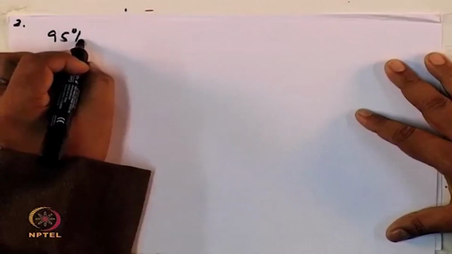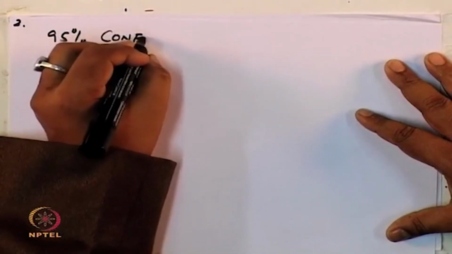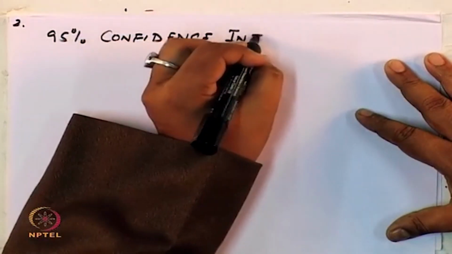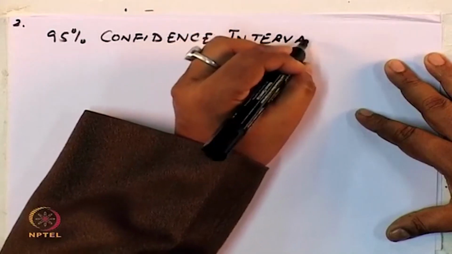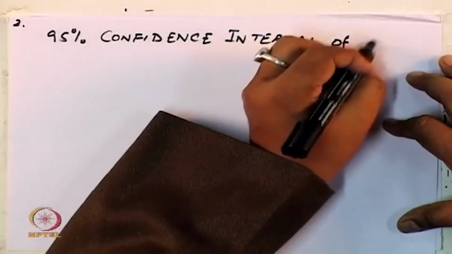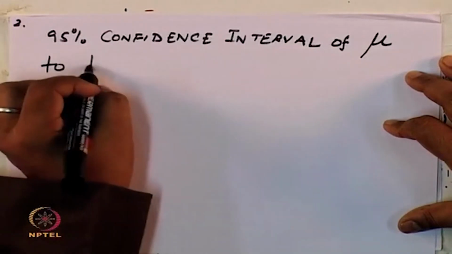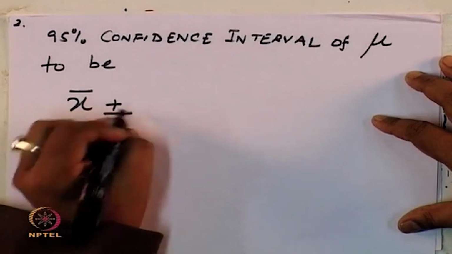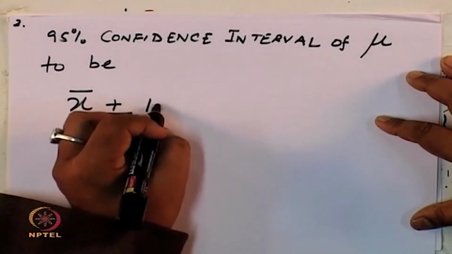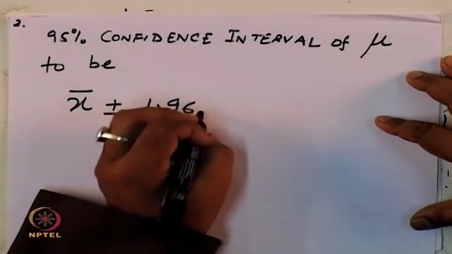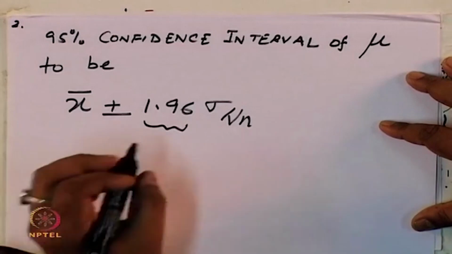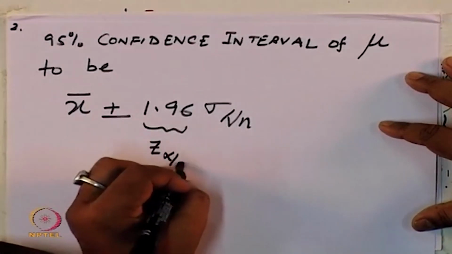we can find the 95% confidence interval of mu to be x bar plus minus 1.96 sigma by root n. So, this term you can write in general as z of alpha by 2.